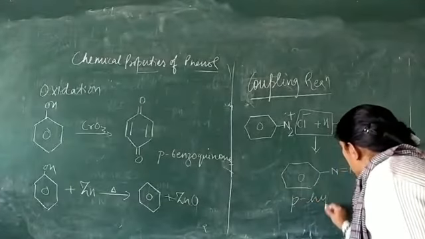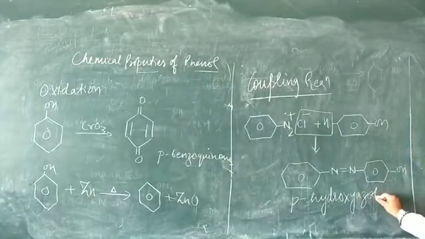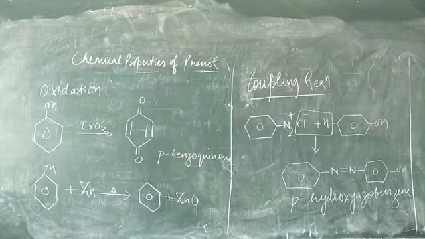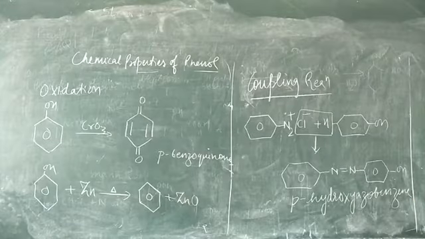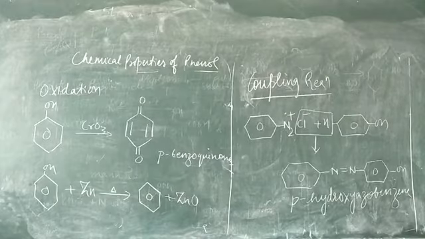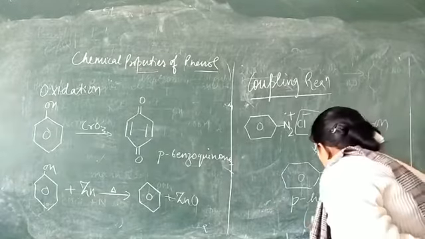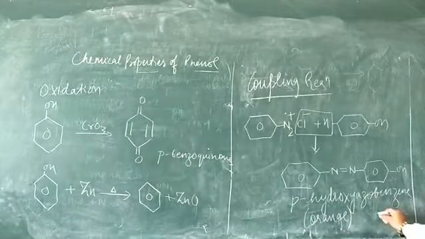This is para hydroxy azobenzene, which again is used as a distinguishing test between the alcohol and the phenol. Right? As the coupling reaction, a dye is formed, which is orange colored dye. This is orange in color. Right? So it is a dye.